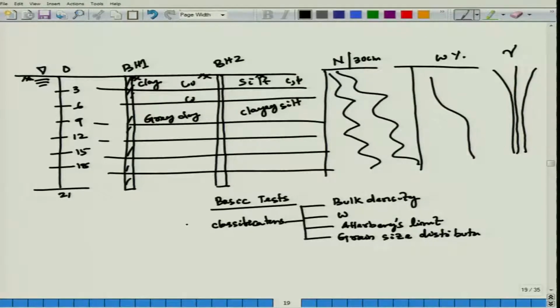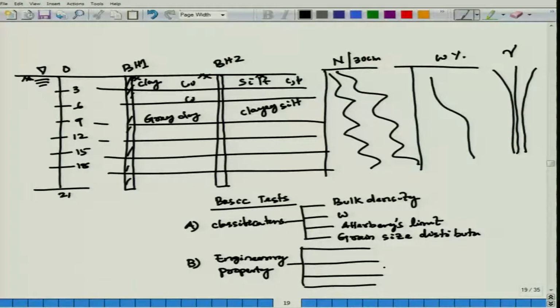Then the second part, this is part 1, second part is your engineering property. In engineering property what you are supposed to get from your undisturbed soil samples: shear strength parameter, then permeability, then your consolidation data.